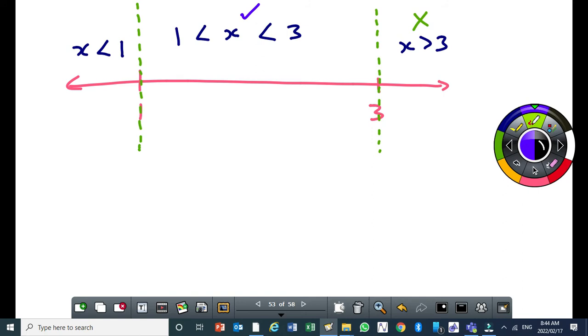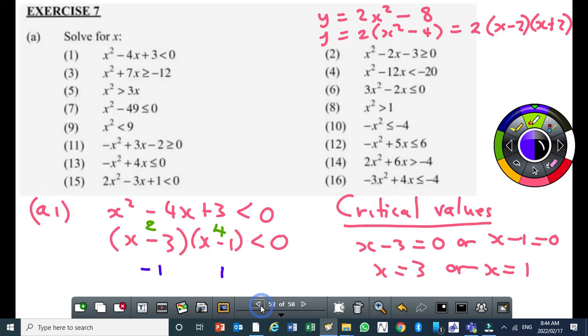Then the last interval, we also choose a value which is less than 1. Can you choose any value? Negative 3. So we're going to substitute negative 3 where there is x here. So minus 3 will give us minus 6. Minus 3 minus 1 will give us minus 4.